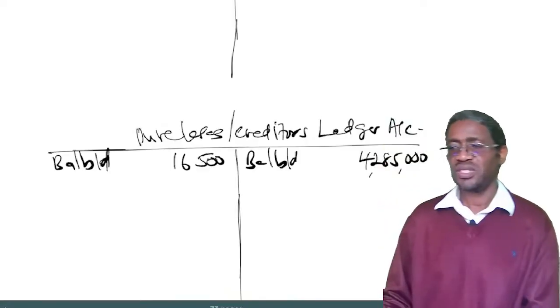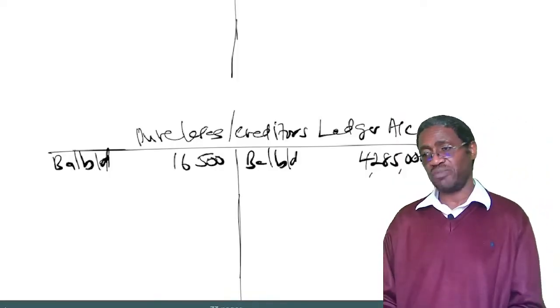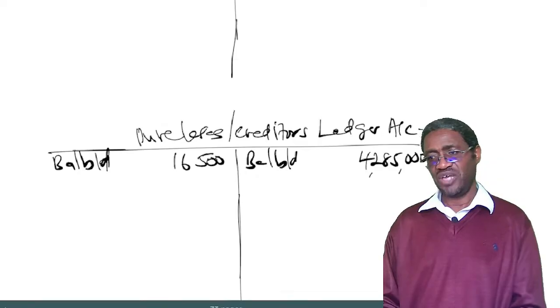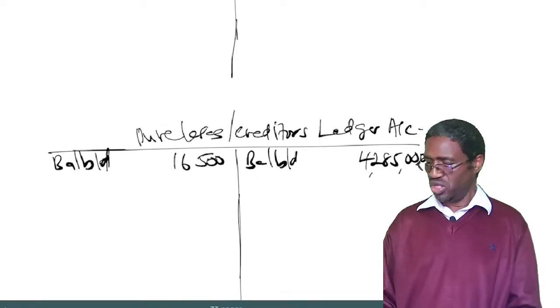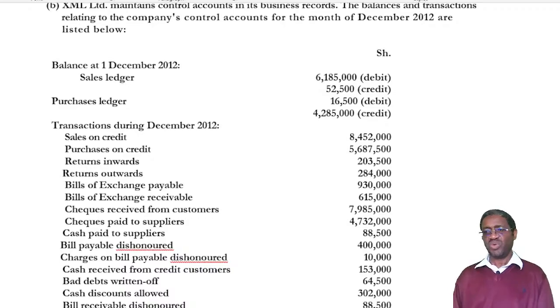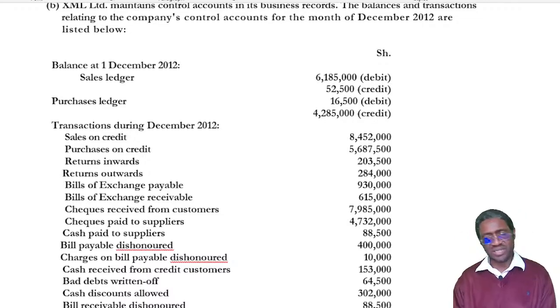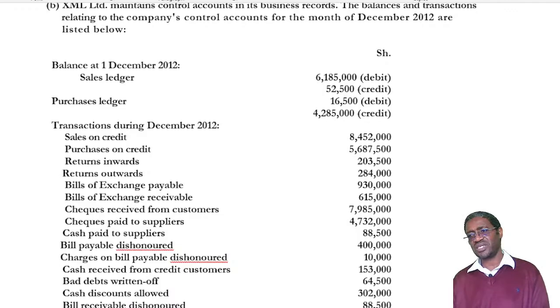Okay? Good. Now we can go and record the transactions for the month now. Are you there now? We go and record the transactions for the month. We are given credit sales. Sales on credit for 84.58. When you sell goods on credit, you normally debit debtors and credit sales. So come and debit debtors.